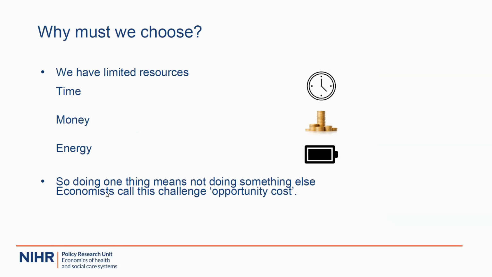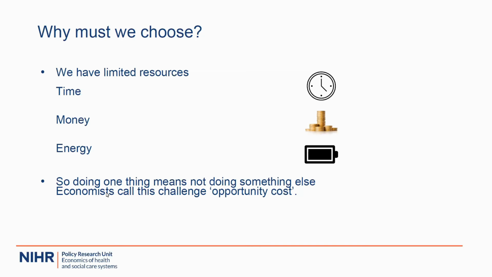And why must we make those choices in the first place? Well, ultimately, it's because we have limits in what we can do. We have limited resources, and those resources come in different forms. We have limits on our time, we have limits on our financial or money resources, and we have limits on, say, how much energy we have, how much we can put into something.